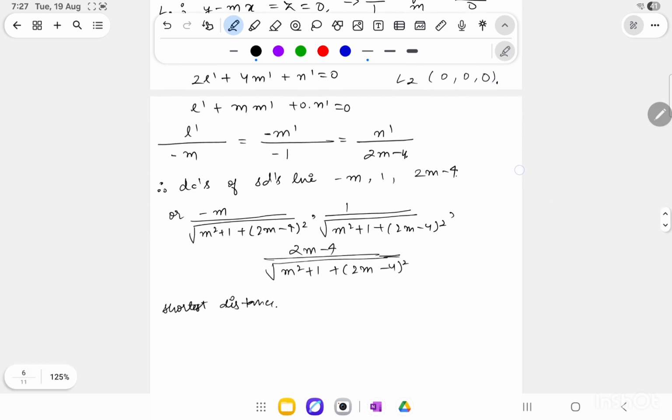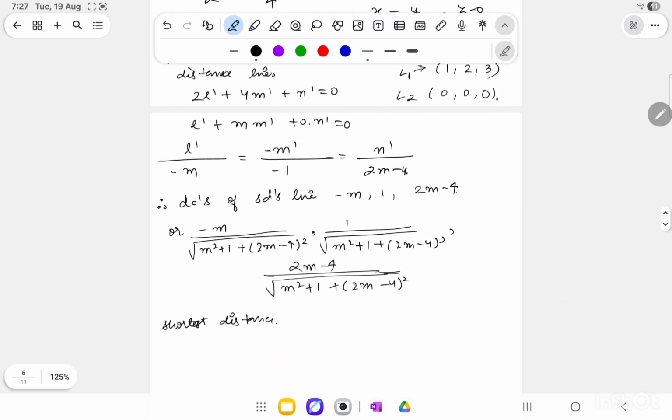So my shortest distance will be basically the projection of the line joining L1 and L2 on the line with these direction cosines. If I calculate the direction cosines of these two points, let me name them A dash and B dash, the direction cosines of A dash B dash will be 1, 2, 3.